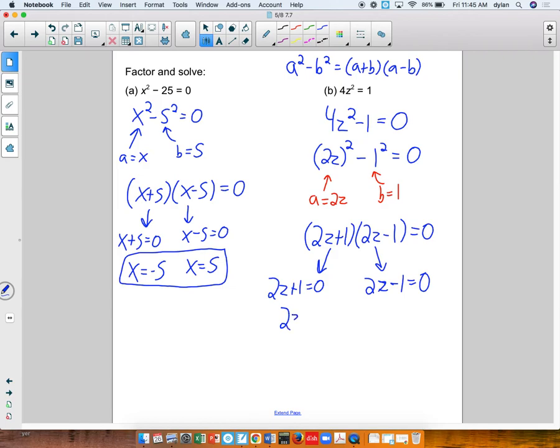So 2z equals -1, 2z equals +1, and z equals -1/2 or +1/2. So the key here was setting it equal to 0 initially, and then also recognizing your perfect squares. 4z squared is really 2z all squared, and 1 is really just a perfect square of itself. It's just 1.